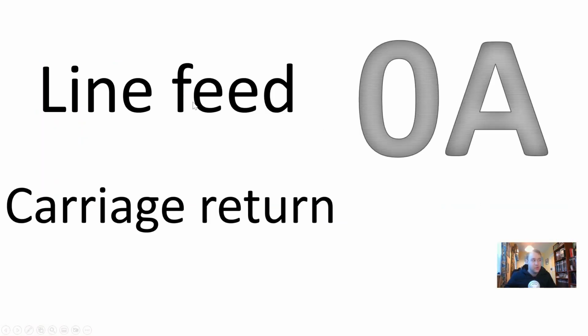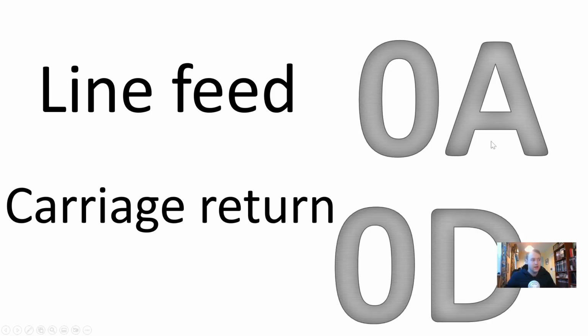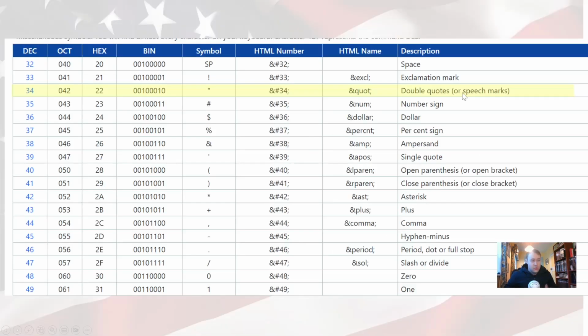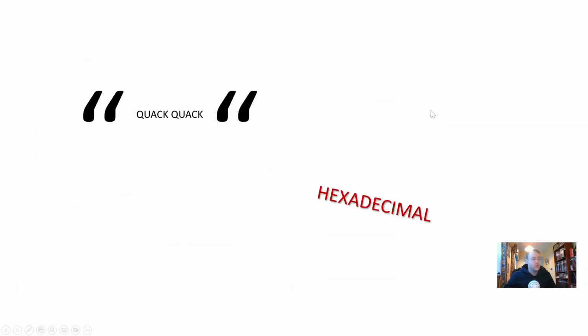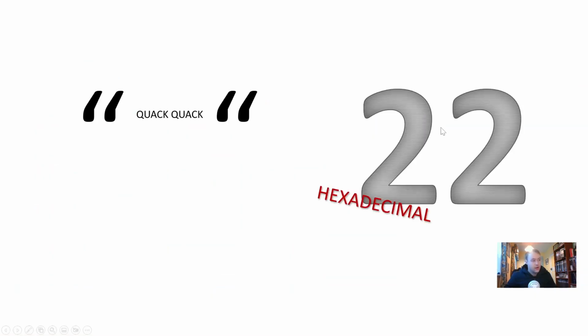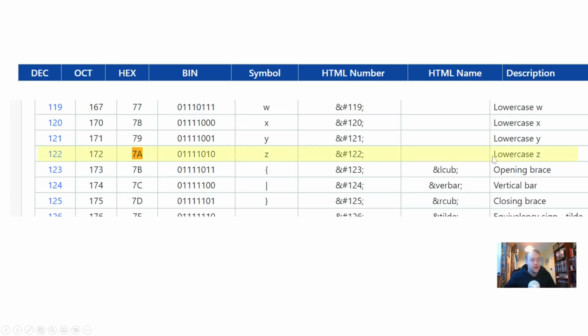Now the hexadecimal for line feed is 0A, and carriage return is 0D. Double quotes: just quickly one more, the hexadecimal is 22. And a lowercase z is 7a in hexadecimal, but it's also 122 in decimal. Okay, so that's how it works.